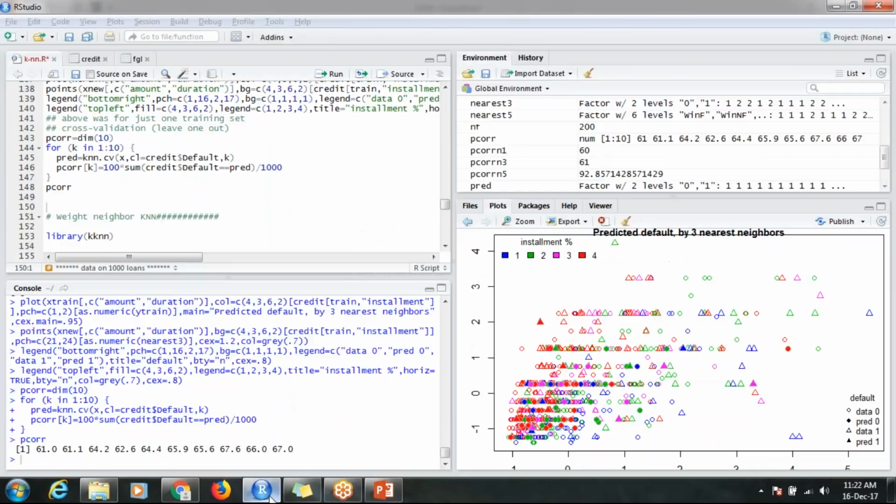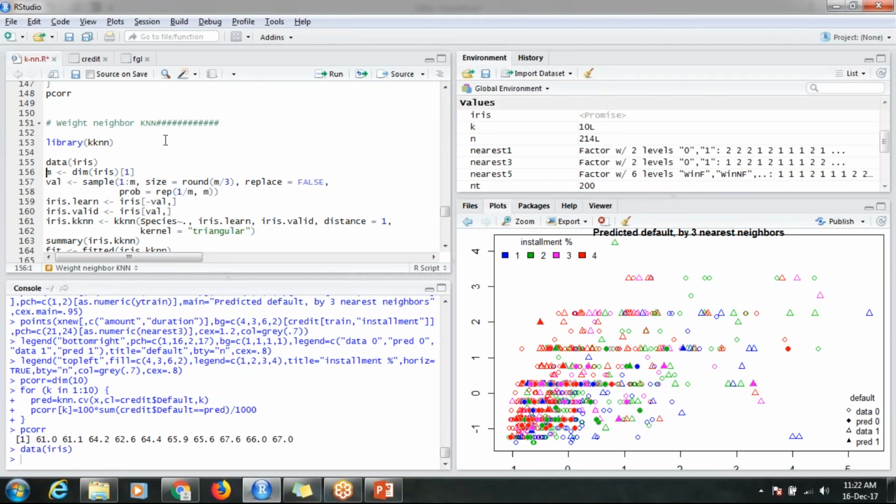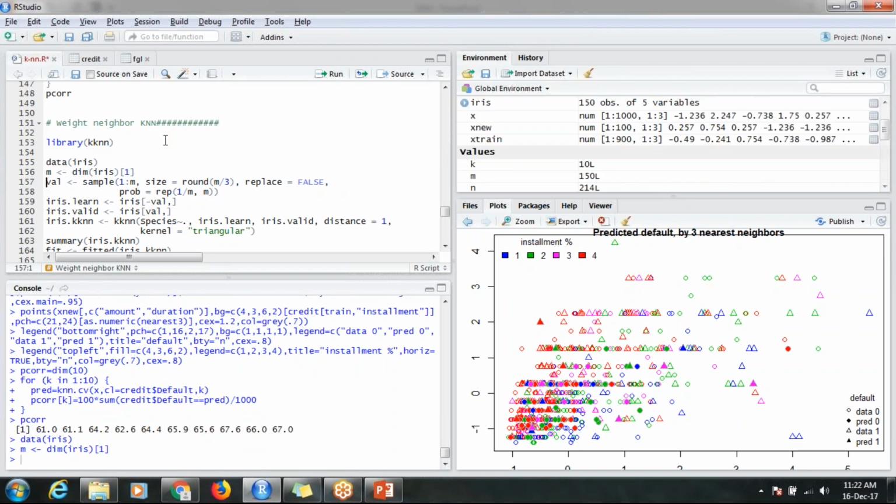So let us take a case study and try to understand. This is the iris dataset that we have. Iris dataset, you all must be familiar with this. It is the most used dataset for training or for illustration of clustering.